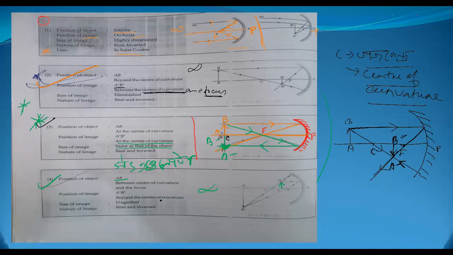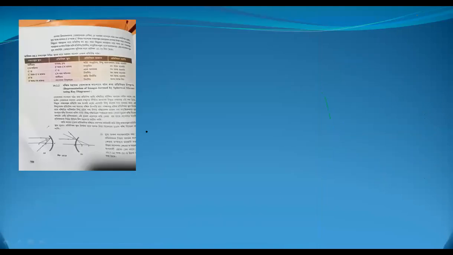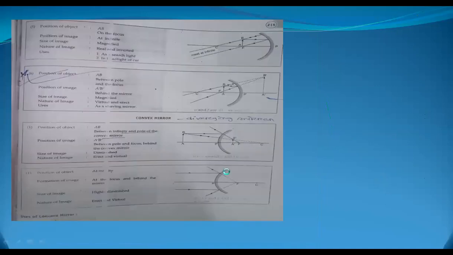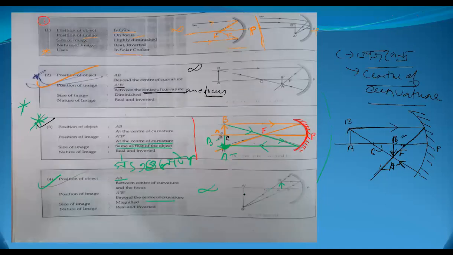And now see, size of the image: magnified. Magnified means what in Assamese? Bibordhito. Magnified means bibordhito, large.